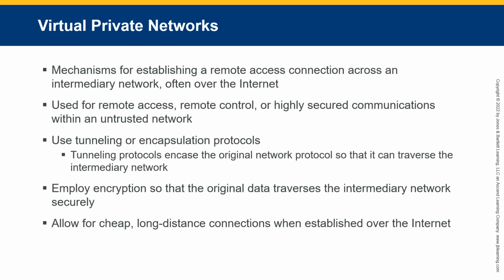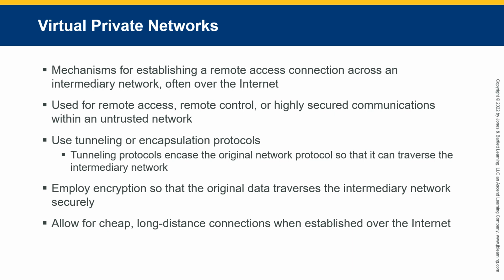We have virtual private networks, and these are mechanisms for establishing a remote access connection from an endpoint to a controlled network, such as yourself, through an intermediate network, such as the internet. They use tunneling or encapsulation protocols, and these tunneling protocols can encase the original network protocol so it can traverse the intermediate network.